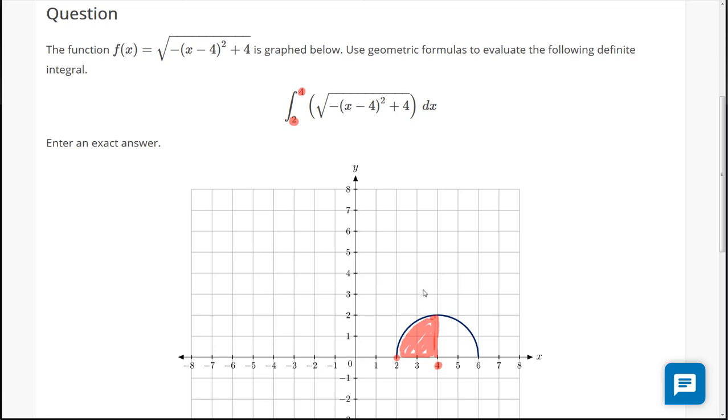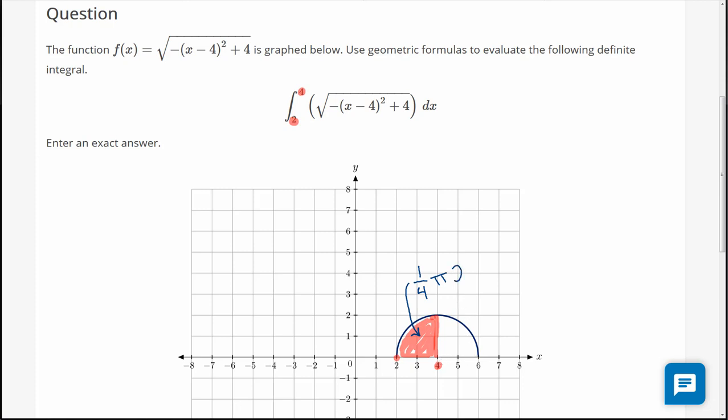So this is a semicircle, and so that means that this little shaded region looks like a quarter. If this is half of a semicircle, then half of a semicircle is a quarter of the entire circle. And this is a circle with radius 2.